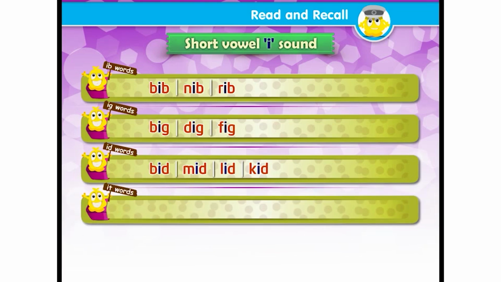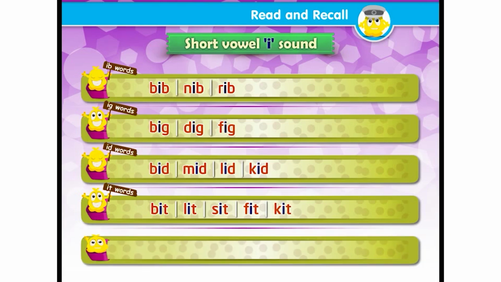It words: bit, lit, sit, pit, kit. In words: bin, tin, fin, kin, pin.